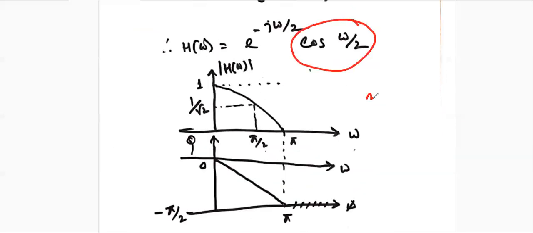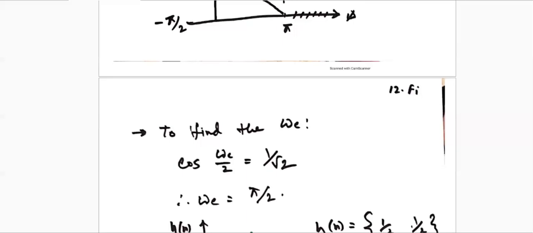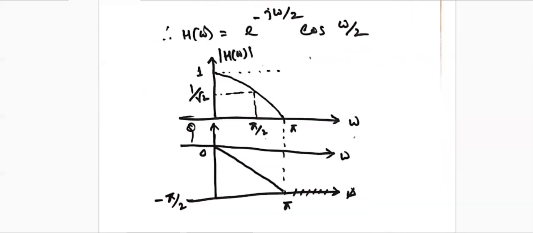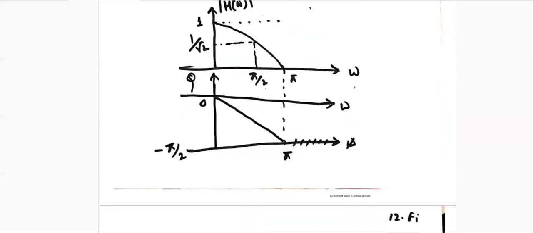So cos(omega/2) should be 1 by √2 at the location of omega c. From there we can find the cutoff frequency is at pi by 2, and you can draw it here. This is your cutoff frequency, pi by 2, at the half mark of your whole spectrum, and the amplitude is 1 divided by √2.